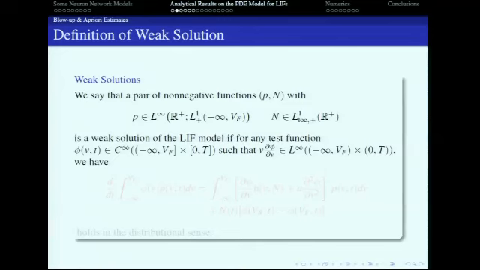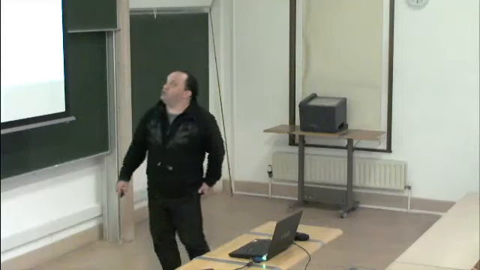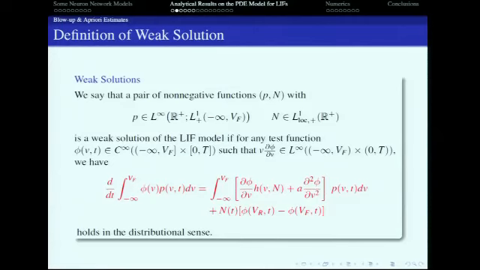And the notion of weak solution is quite standard. I just integrate by parts and put everything onto the test function. But the important thing is what are the terms that appear by doing that. Take into account that the flux at the threshold was given by minus a of n, derivative of p with respect to v at threshold.